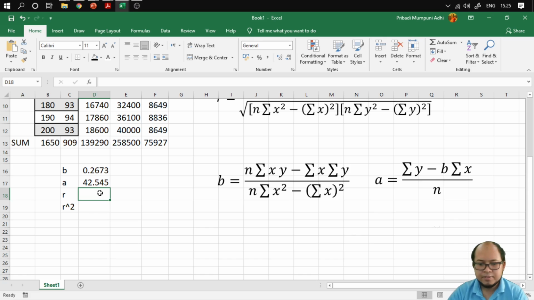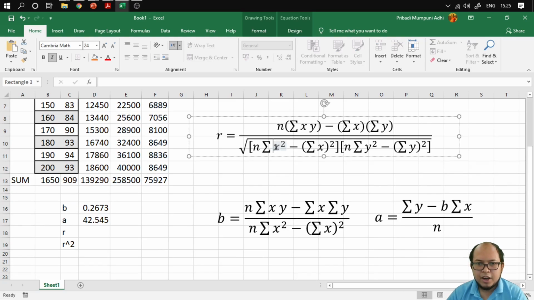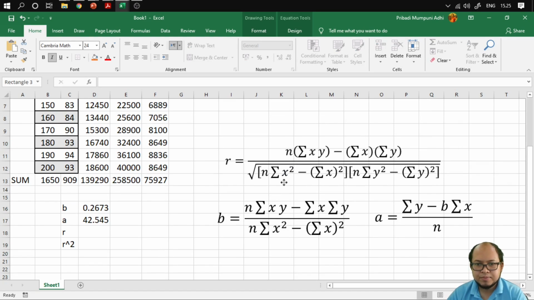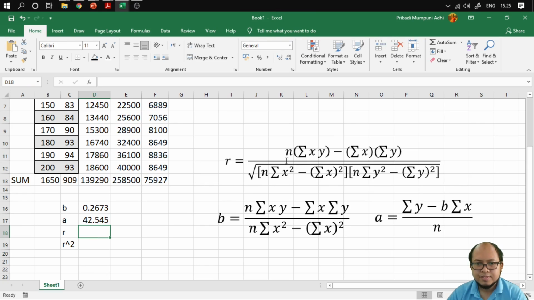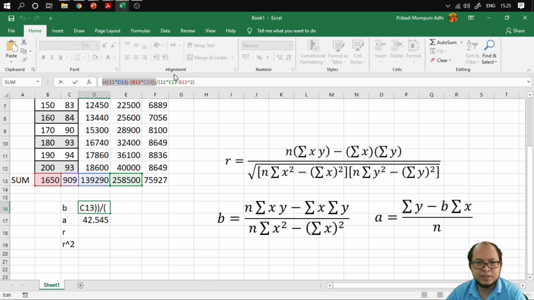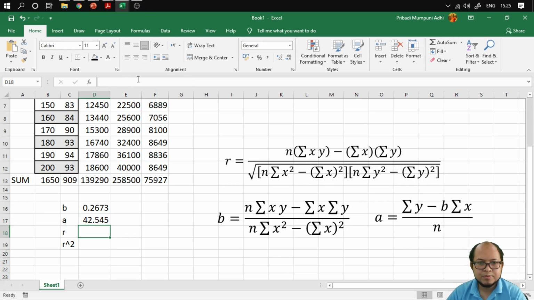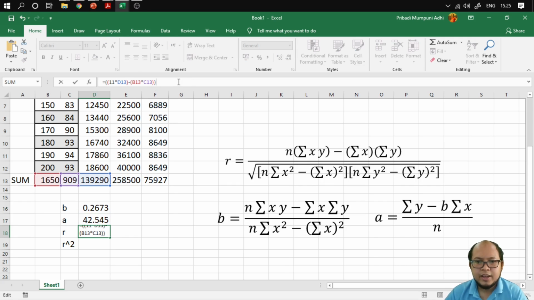And the r, I will use this equation. So this one is almost the same with this value. So I will copy this value first, and then divide by the square root of this value, sqrt.